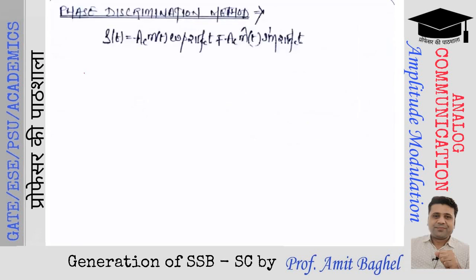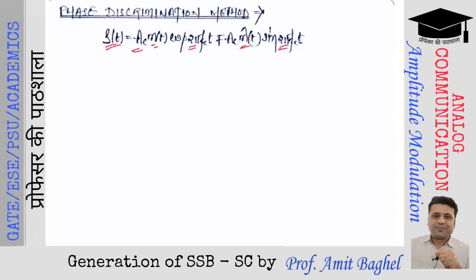We have a mathematical expression of the modulated waveform as s(t) equals Ac m(t) cos 2 pi fc t minus plus Ac m cap(t) sin 2 pi fc t. This is the mathematical expression of the modulated waveform if the modulation scheme used is SSBSC.